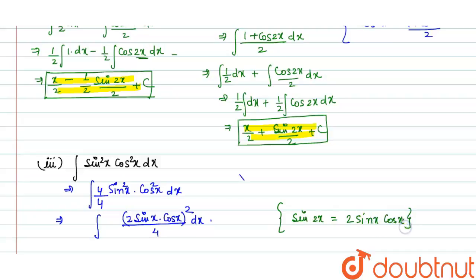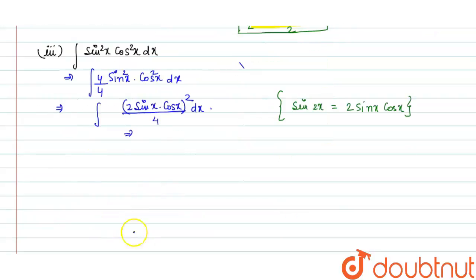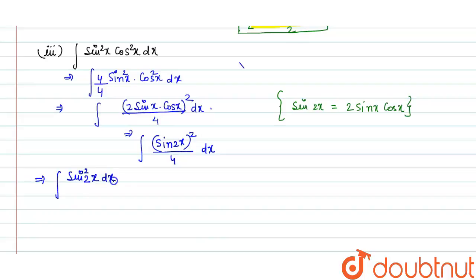So here we can write in the next step: it will become integration of sin 2x whole square upon 4 dx. Now it will become integration of sin square 2x dx, upon 1 by 4.